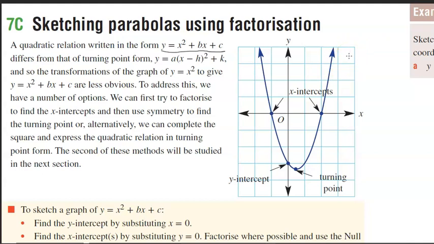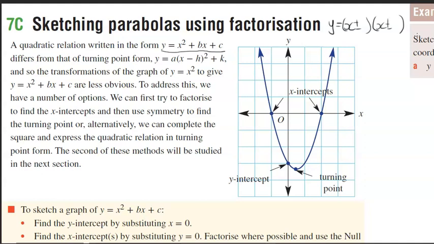And to address this, we have a number of options. The first one is to factorize to find the x-intercepts. So factorize it, getting it from this format into the format where y equals x plus or minus something, x plus or minus something. And then we use what's called symmetry to find the turning point.